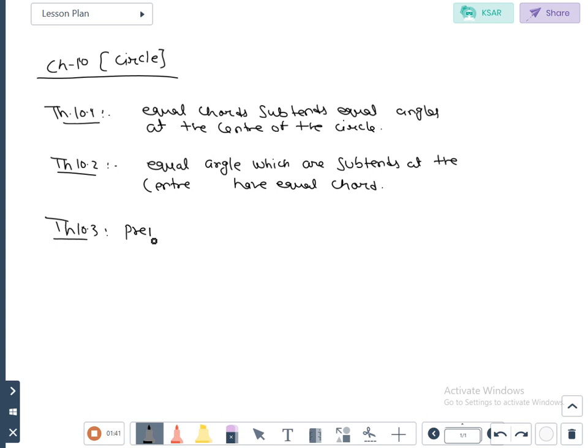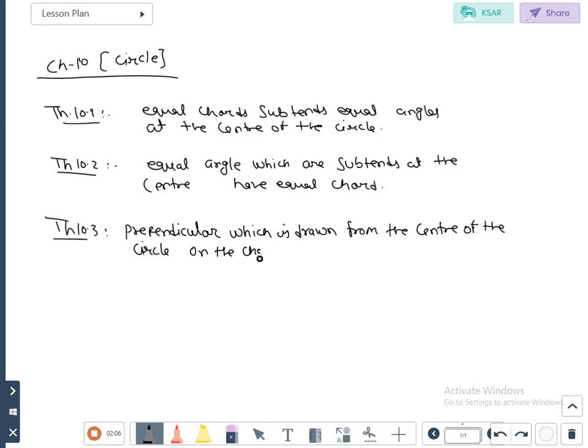So the perpendicular which is drawn from the center of the circle on the chord divides the chord into two equal parts.